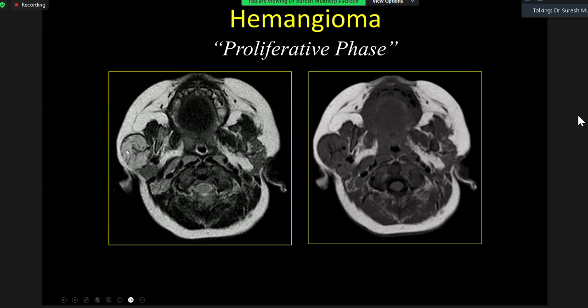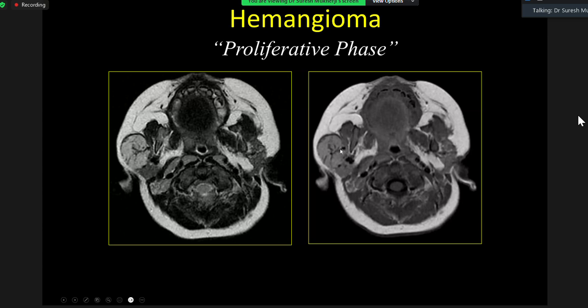There's high T2 signal, and you can see this large flow void right here, this very large flow void. When we look at the non-contrast T1 weighted image, we can see that flow void. And when we give contrast, we can see diffuse enhancement of that parotid tumor. So when we see this mass, this is a hemangioma in the proliferative phase.